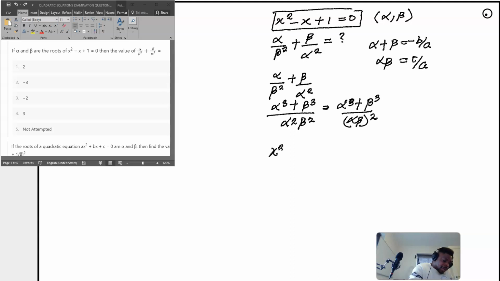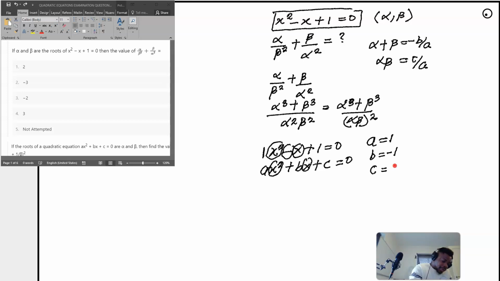So here, let's get our a, our b, and our c. x squared minus x plus 1 is equal to 0. Comparing with the general quadratic equation, my x squared is my x squared, which means a is 1. My x is my x, so b is minus 1, and c is 1.